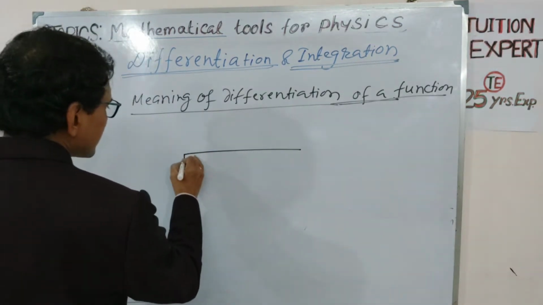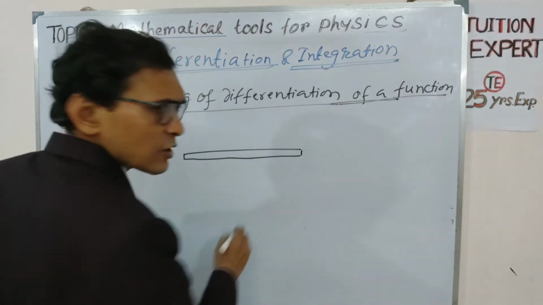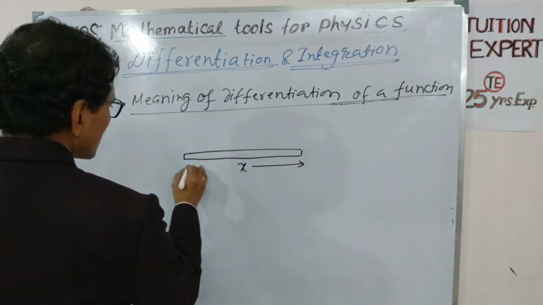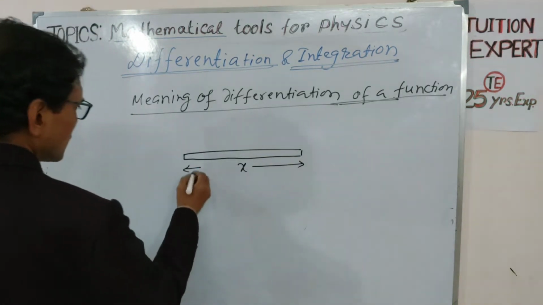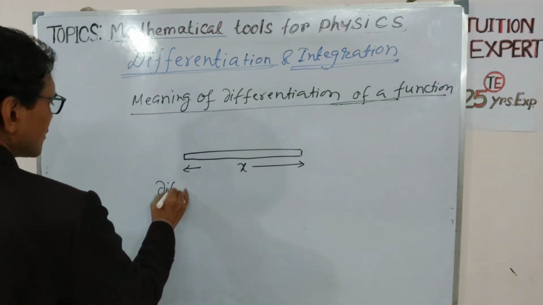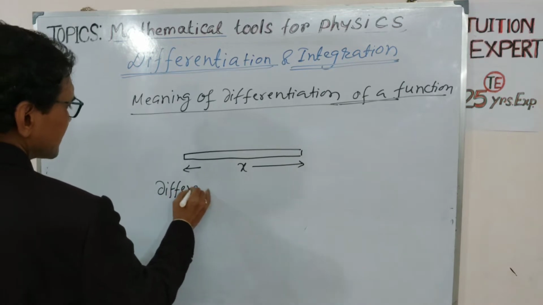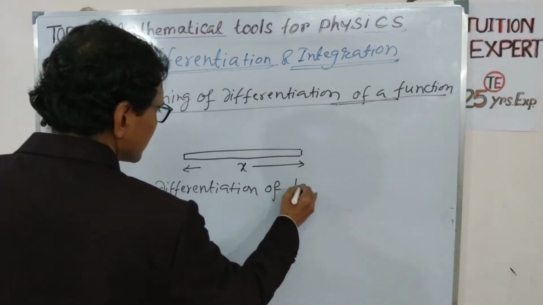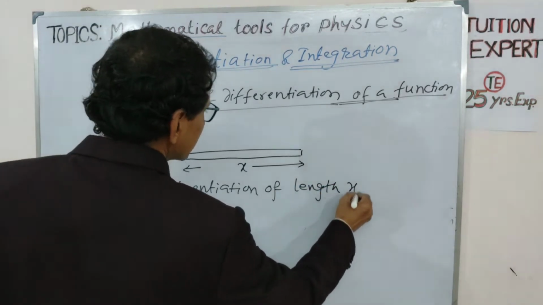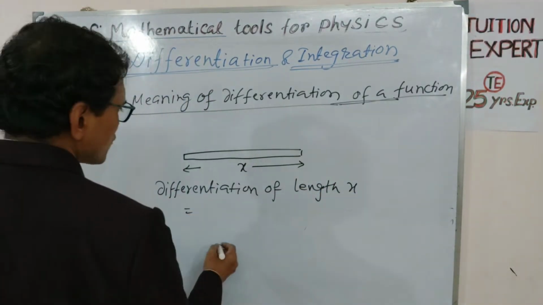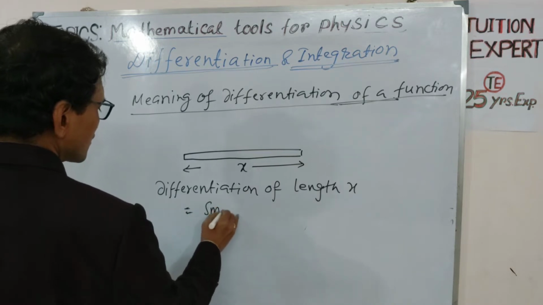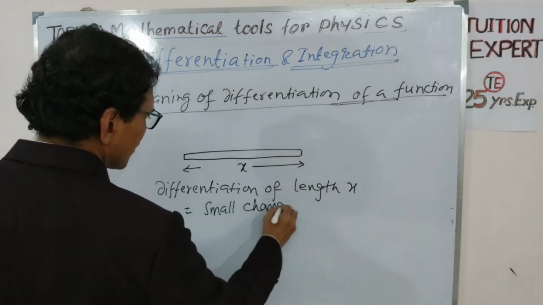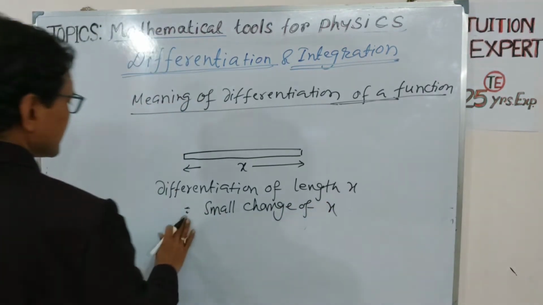Suppose this is a rod whose length is x. Now, differentiation of this length. Differentiation of length x means a small change of x.